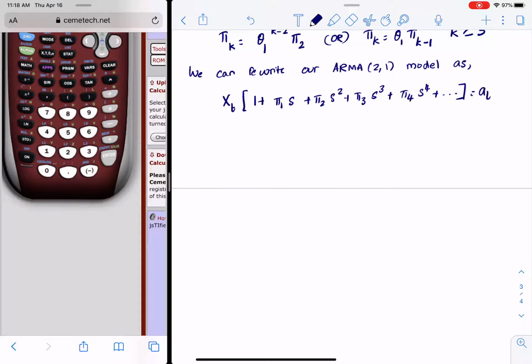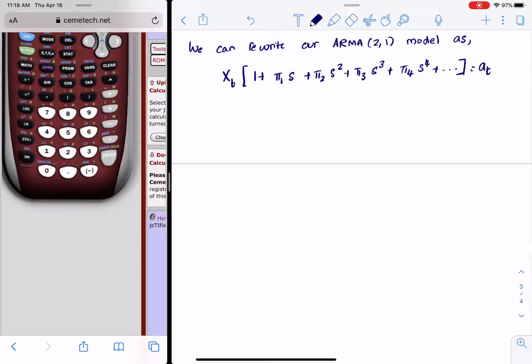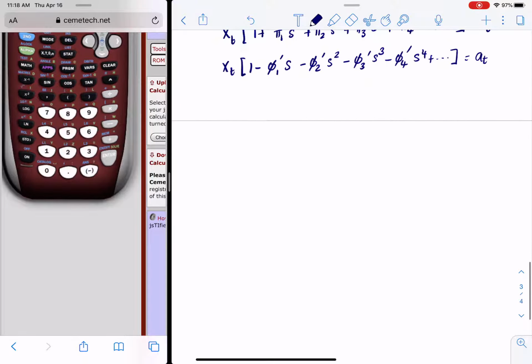And that would equal a sub t. I could rewrite this as 1 minus phi 1 prime s minus phi 2 prime s squared minus phi 3 prime s cubed minus phi 4 prime s raised 4, and so on, and that would equal a sub t. This would simply imply that phi k prime is simply negative pi k for all k greater than or equal to 1.